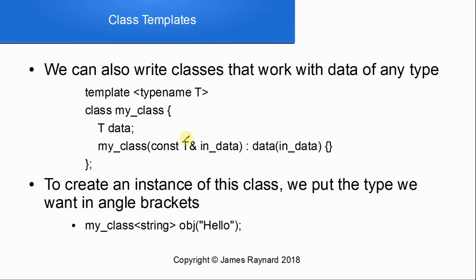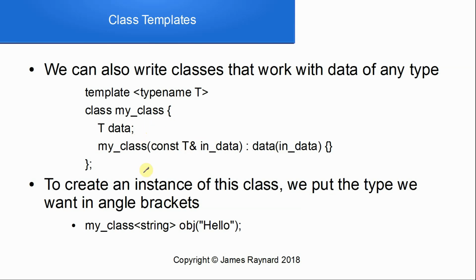Here we have a constructor which has the same name as the class. That's how we know it's a constructor. The constructor will take an argument of type T, and then it'll initialize our data member using the argument to this function. Obviously, in a real class you'd make the constructor public, otherwise you wouldn't be able to create any instances, but this is just an example.